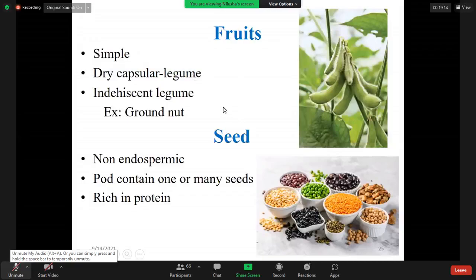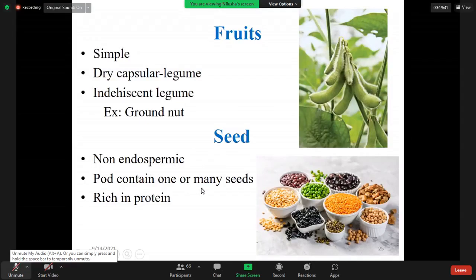Now we will see the seed. In this Fabaceae family, seeds are very important because most of the seeds are edible, that means we take them as food: green gram, black gram, groundnut, like that. This seed has a character we call non-endospermic.